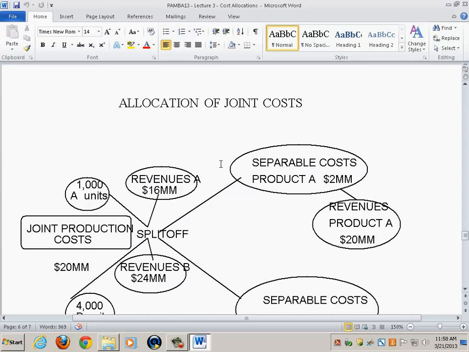So that's another example. Let's move to industrial examples of joint production and joint costs. Let's move to the production of oil, of fuels. Well, you start with the crude: you drill for the crude, you extract it from the ground, from the wells, and you bring it to a refinery. You refine the fuel in the installation that is called the refinery.